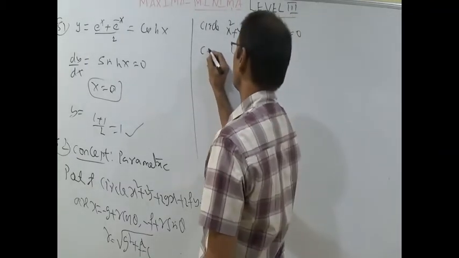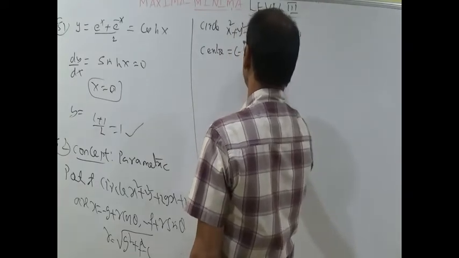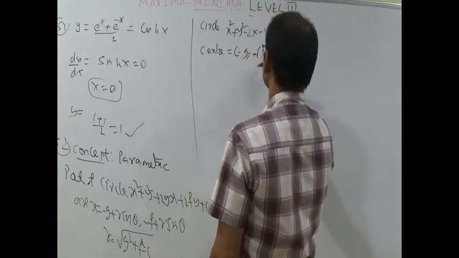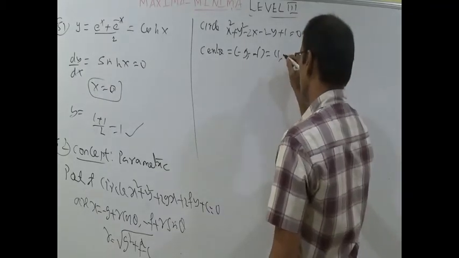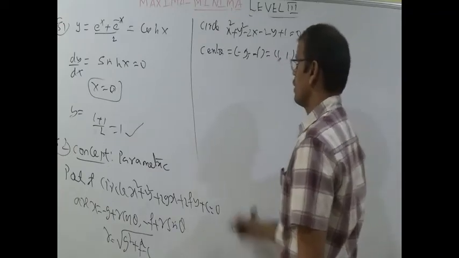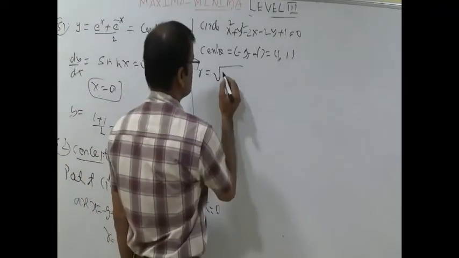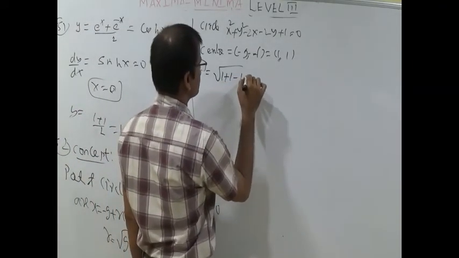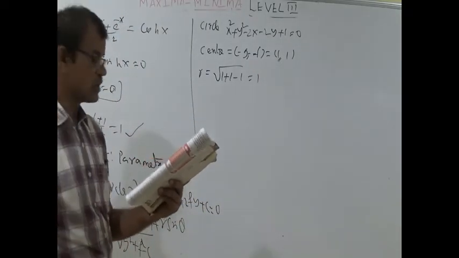Here I am writing the center. The center formula is minus g comma minus f. So coefficient of x by 2 and change the symbol: 1. Coefficient of y by 2 and change the symbol: 1. Center is 1 comma 1. R is equal to root of g square plus f square minus c, as I said here. So 1 plus 1 minus 1 equal to 1. This is c, since x square plus y square minus 2x minus 2y plus 1 is given.